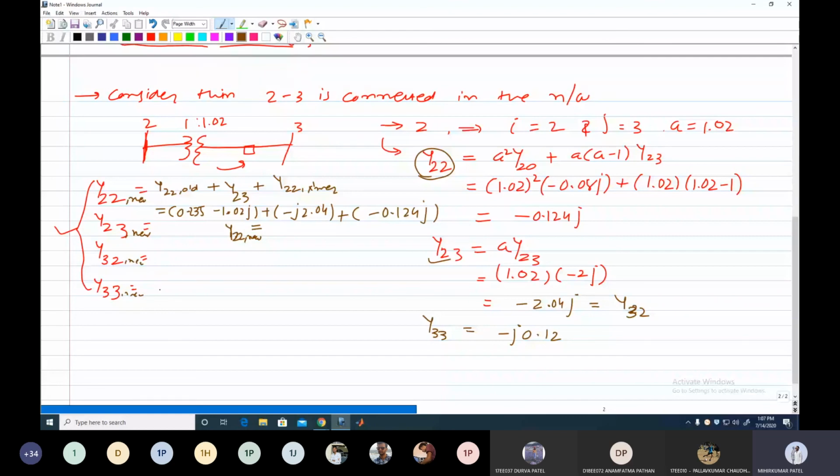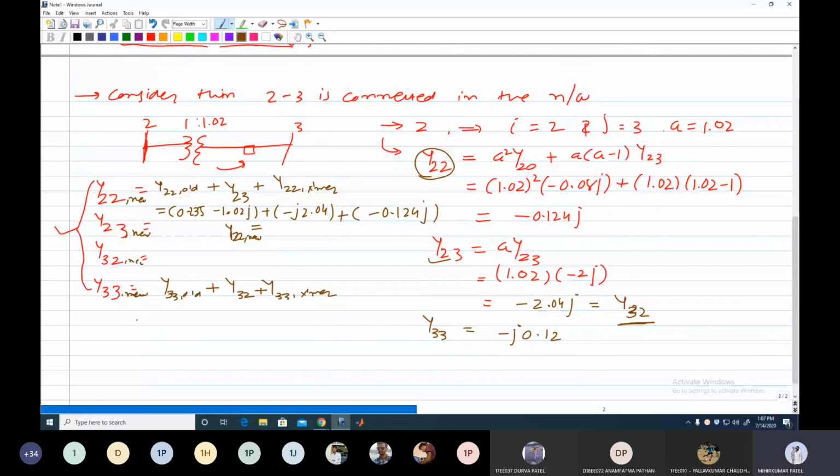Same way, I will write the equation for y33, where you have to consider y33 old, that means without transmission line 23, plus y32, which you have derived over here, plus y33 with the effect of transformer.